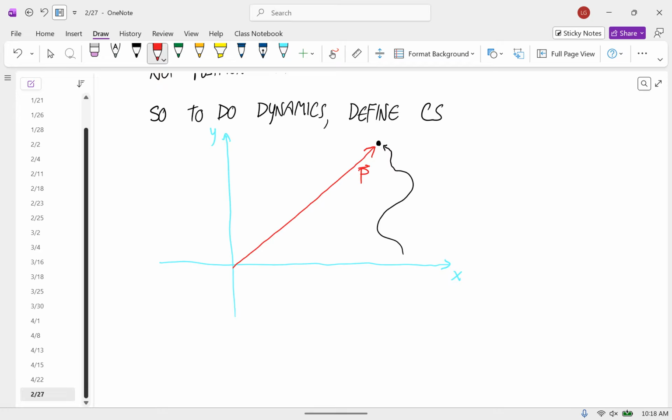Well, the coordinate system we're going to choose is, we're going to call this axis, centered at our reference origin, the ER axis.